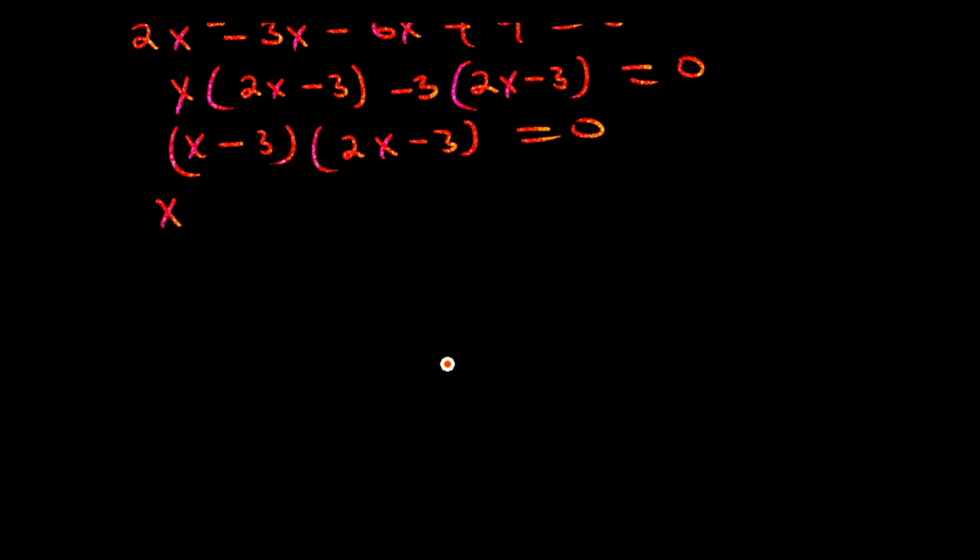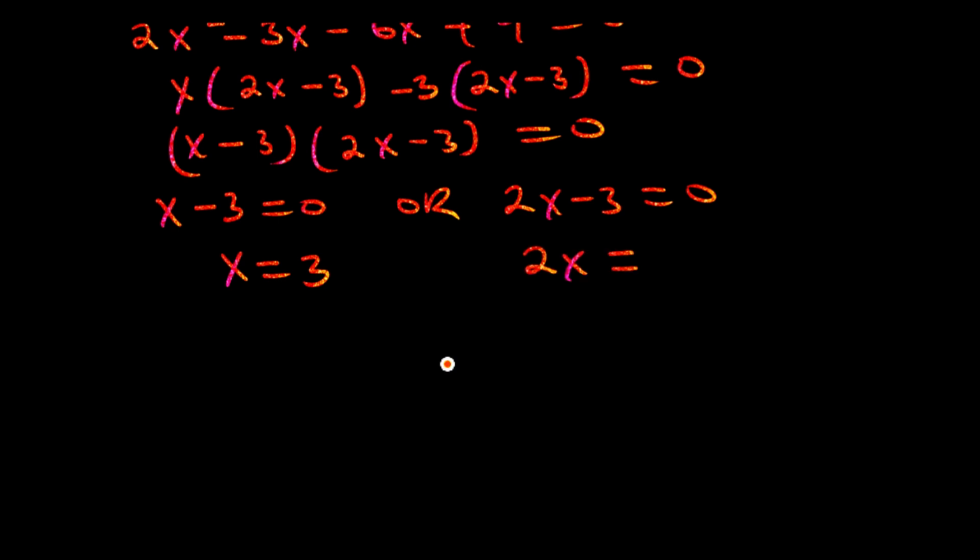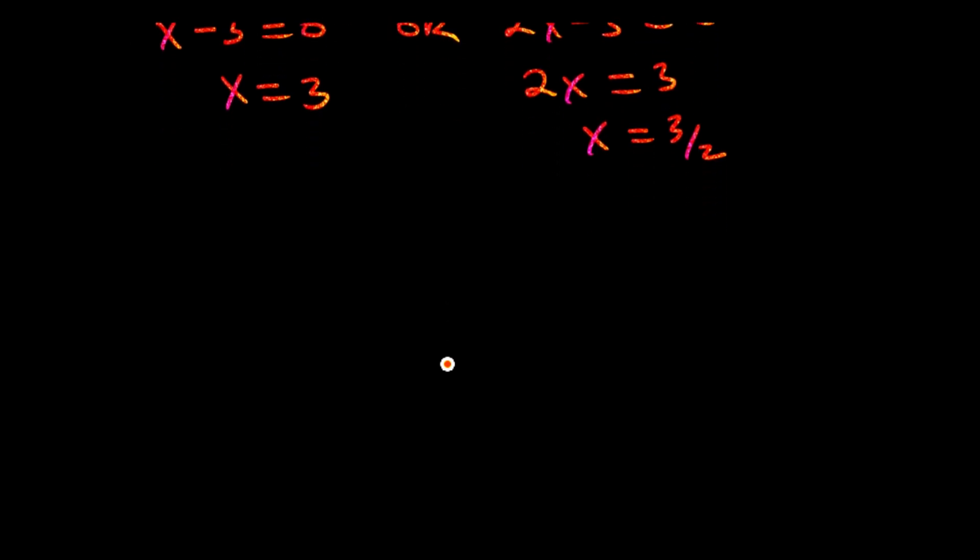So it either x minus 3 is equal to 0 or 2x minus 3 is equal to 0. Let us see the value of x in each case. So if this is the case, then x is equal to 3. And if this is the case, then we'll have 2x being equal to 3, so that x is equal to 3 over 2.